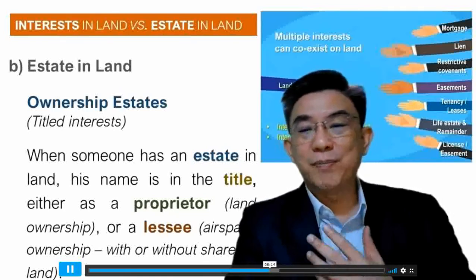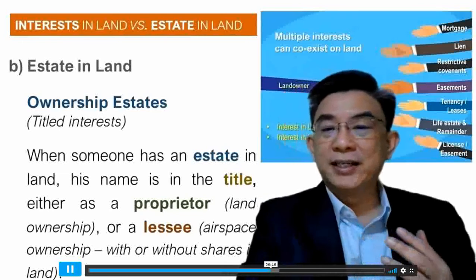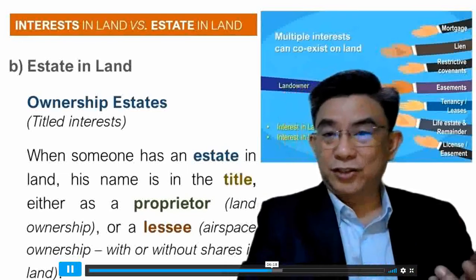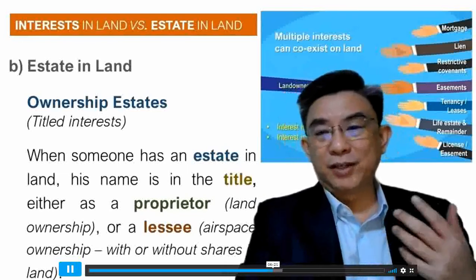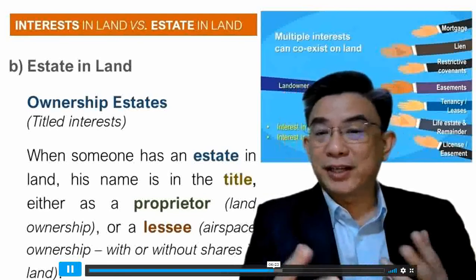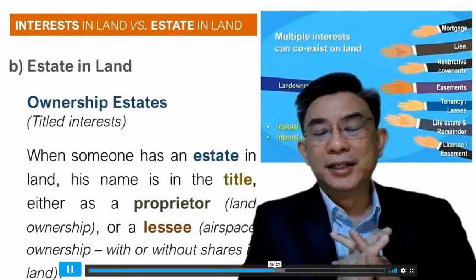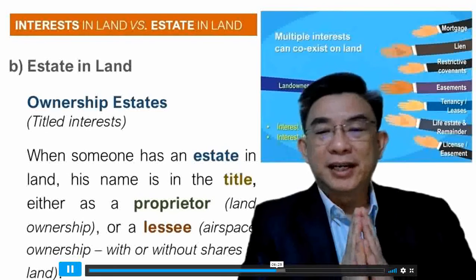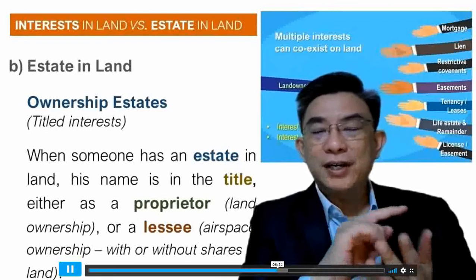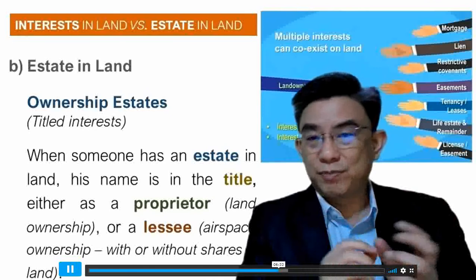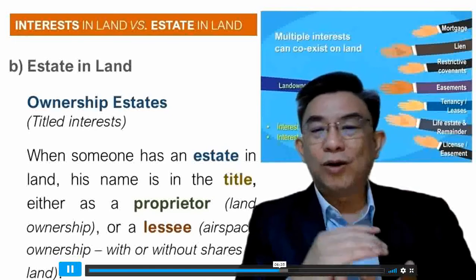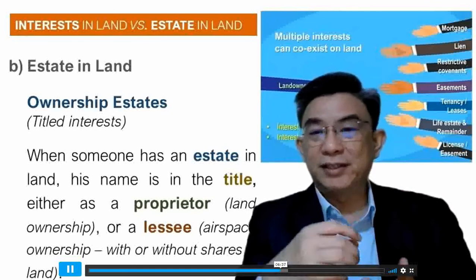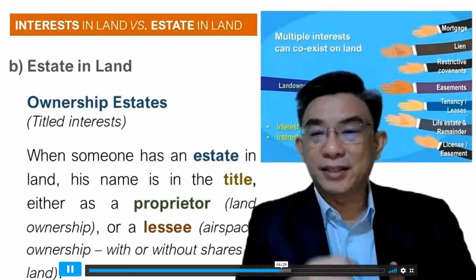So it's very important that I emphasize that you do a title search. And of course, if you are preparing to take the exam, you need to have this concept very clearly. All these interests that I've just spoken about can be discovered through a title search.